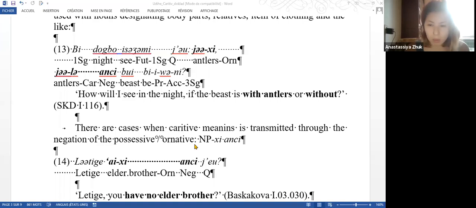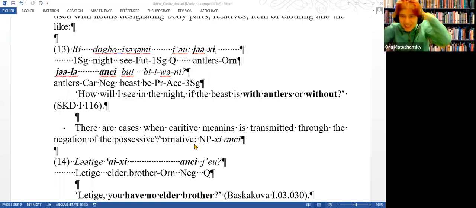And Ora Matushansky has a question. Hi, very interesting. I wanted to ask if you have any evidence for the constituency between the noun, the caritive marker, and negation.